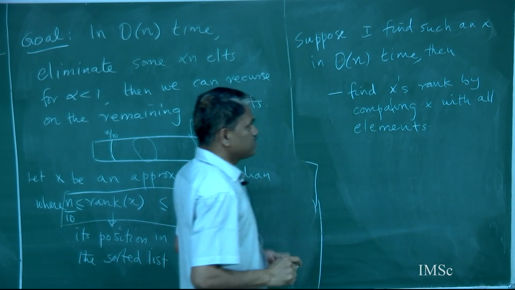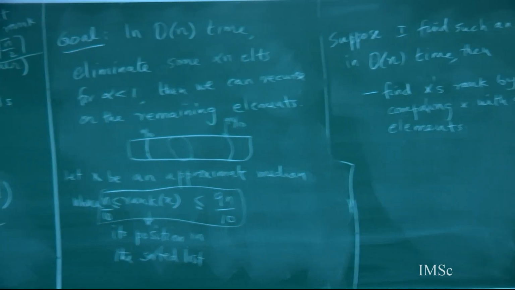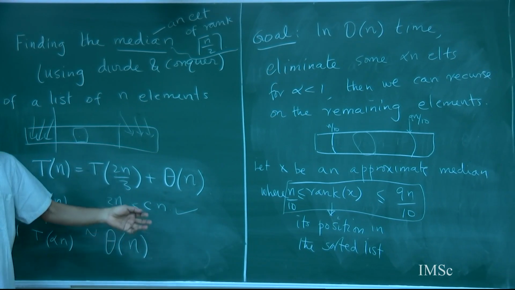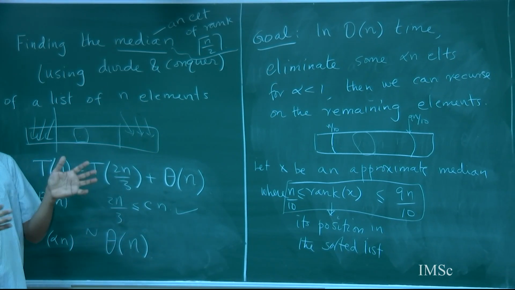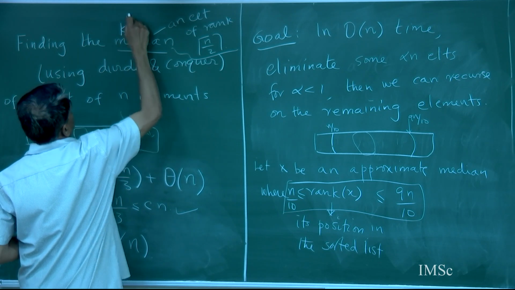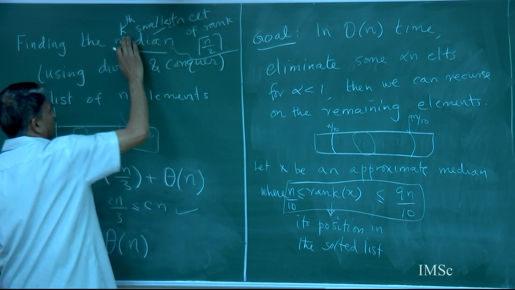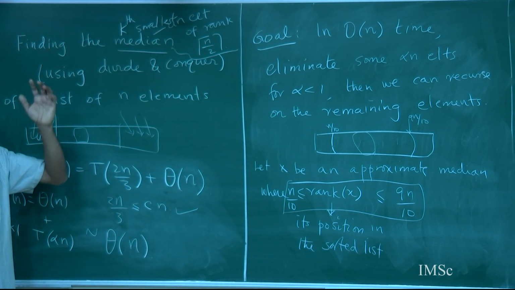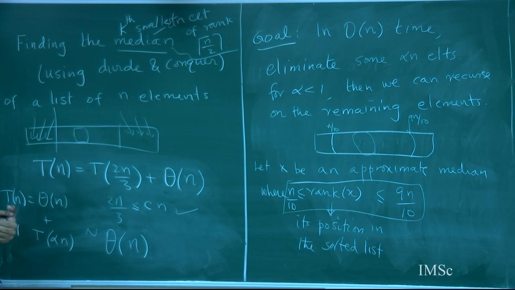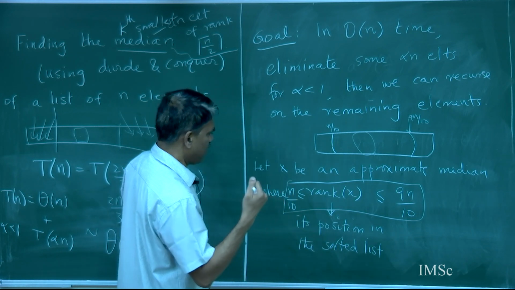Okay? So let's now generalize our problem, because I am not necessarily looking for the median element, since in the recursive step I will be looking for some element of some rank. So let's say I want to find the k smallest. The hardest case is when k is n by 2, which is my original goal, but as I recurse I will keep changing k. So I am interested in the kth smallest element, and suppose I have managed to find such an x.